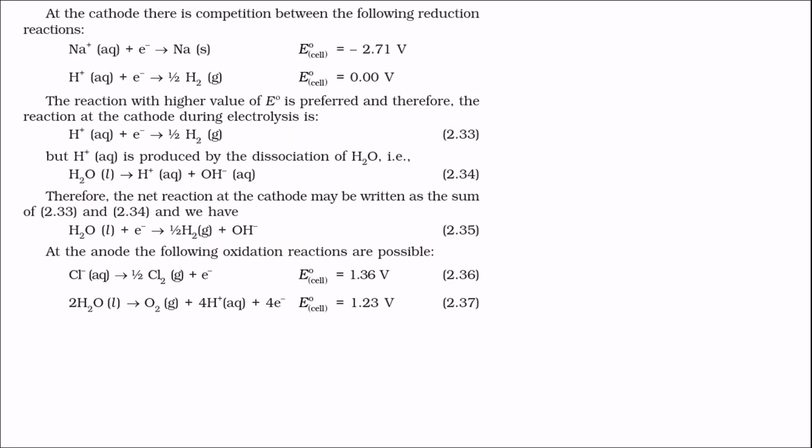Comparing their reduction potential values, the reduction potential value for sodium ion is -2.71 and for H+ ion is 0. Therefore, the reduction potential value of sodium ion is less than that of H+ ion. Therefore H+ ion will be reduced at the cathode, giving hydrogen gas. So H+ ion accepts an electron at the cathode and the product at the cathode is hydrogen gas.